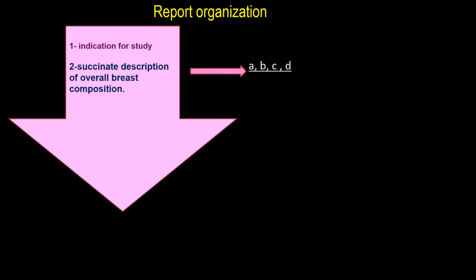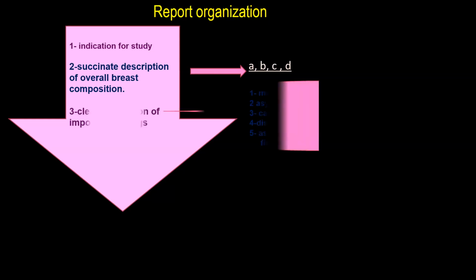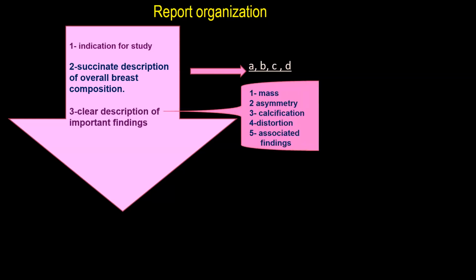So the report organization, as we described it before, includes the first item, the indication for the study, and then the succinct description of overall breast composition, A, B, C, and D, discussed in the last lectures. The third item is the clear description of important findings, including mass, asymmetry, calcification, distortion, and associated features.